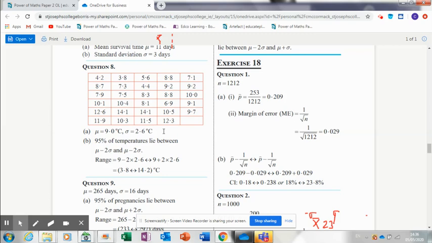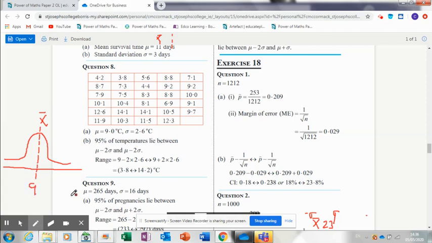Now, assuming approximately normal distribution, in other words, that it follows a normal distribution curve. So again, my mean is in here, my x bar, and that's 9.